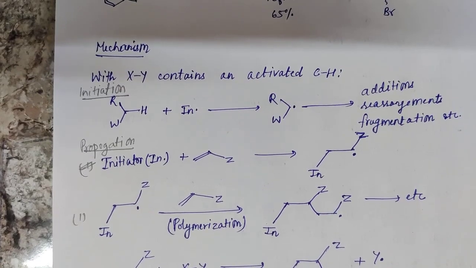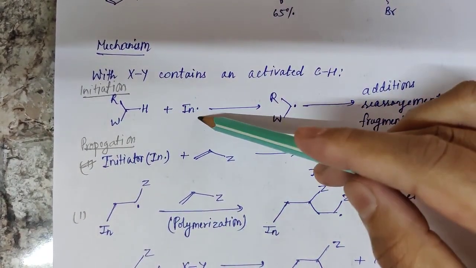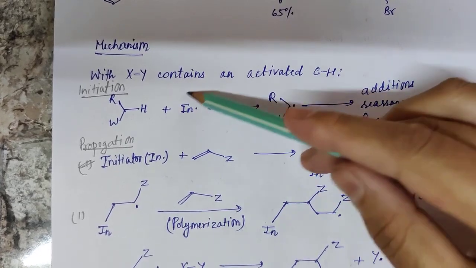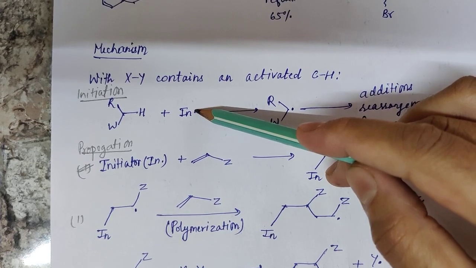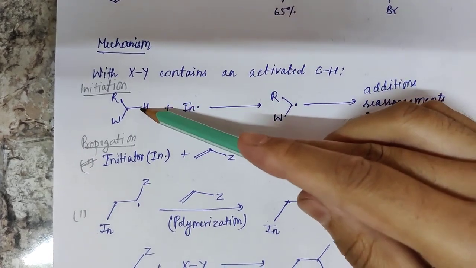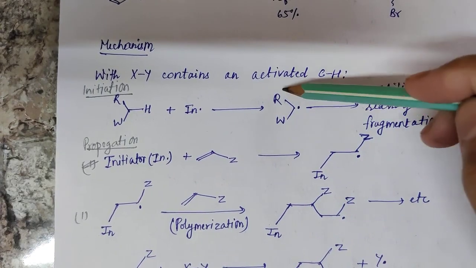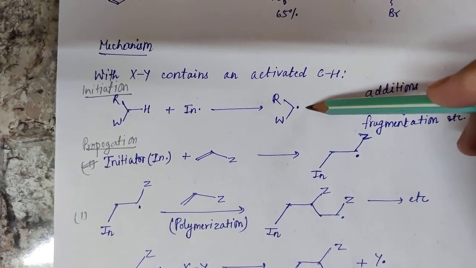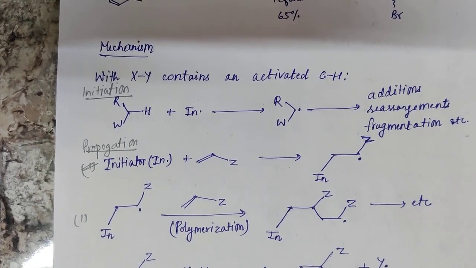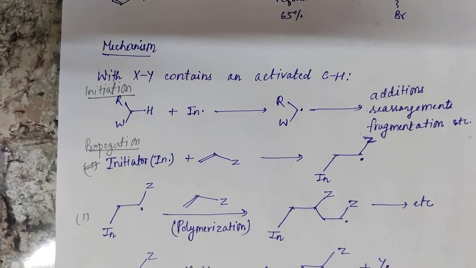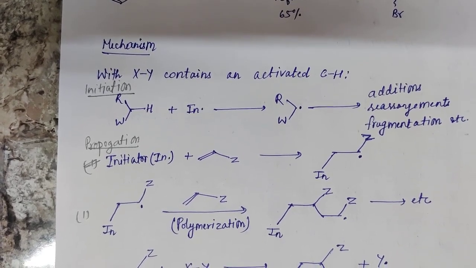So if we once again look at the reaction, what is happening? This is our initiation step. The initiator from our peroxide will abstract the hydrogen, form one form of the initiator, just like we have seen in the previous reaction. There also the radical, let me show you again.